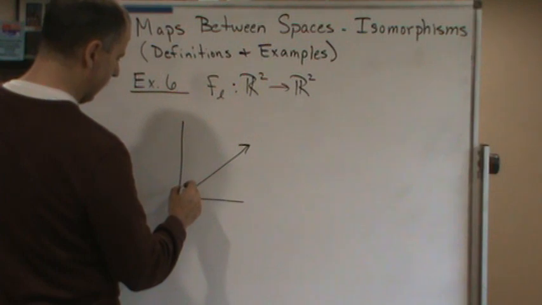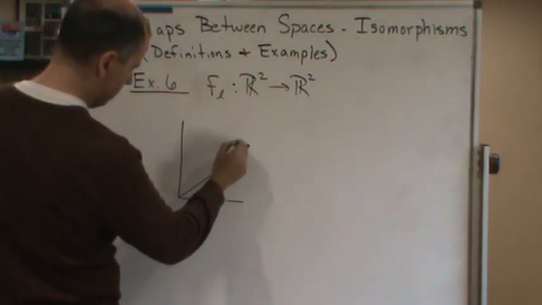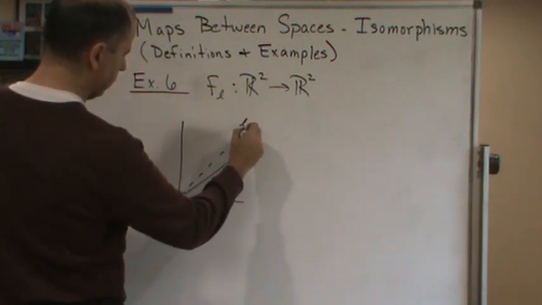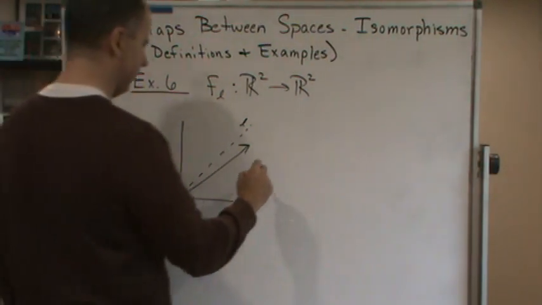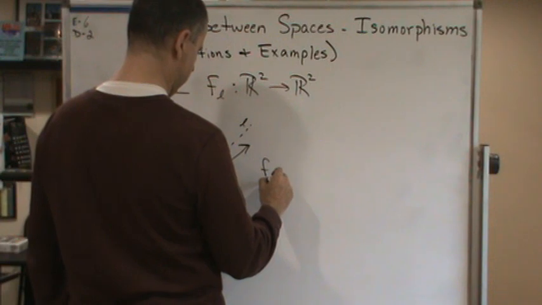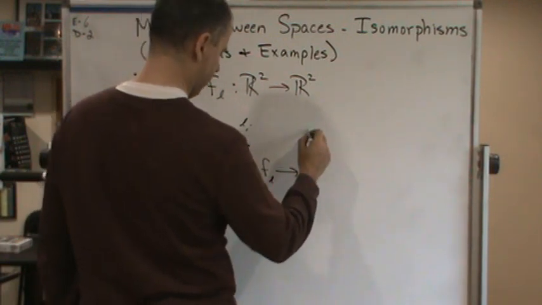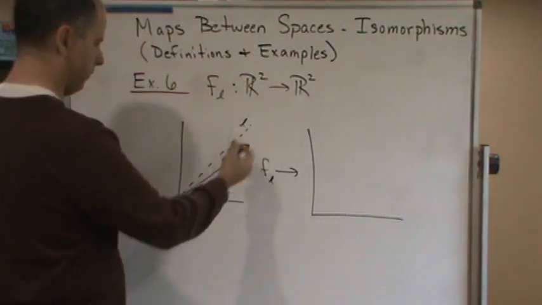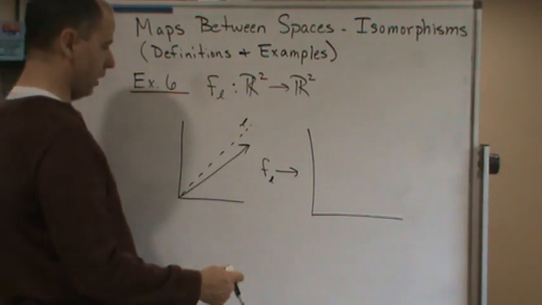And let's say our line is like that. So here's our L. So if we were to flip it, then we would get something like this. So if we flip it along this line, or reflect it, right, along the line.